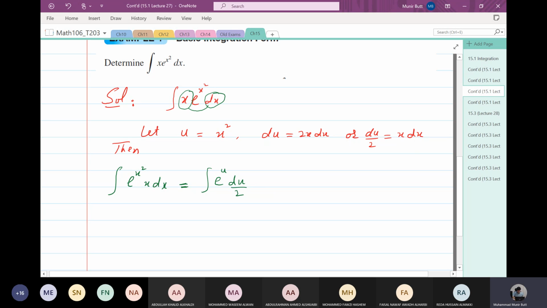Now it is correct. So what is the integration of e to the power u?